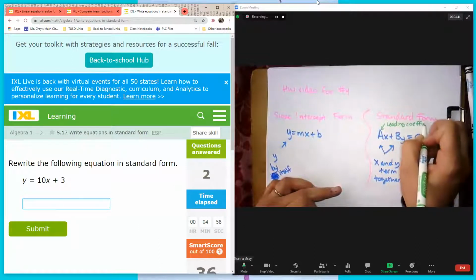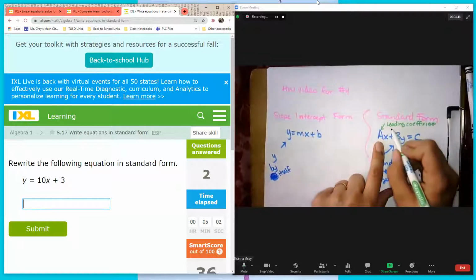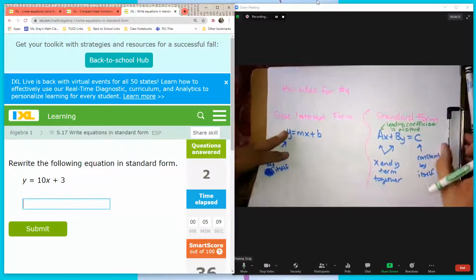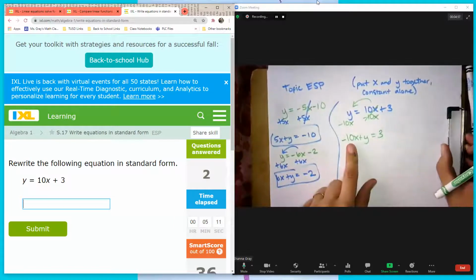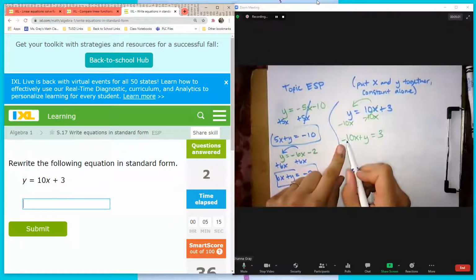So we write it with x first. That leading coefficient, the first one, needs to be positive. So this has to be a positive number, which means that right now the negative 10 is not positive.